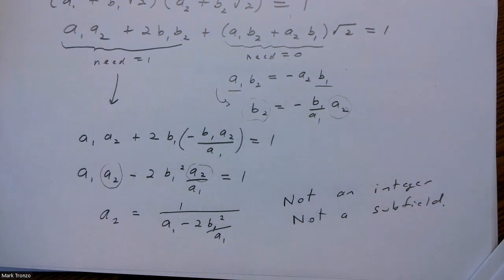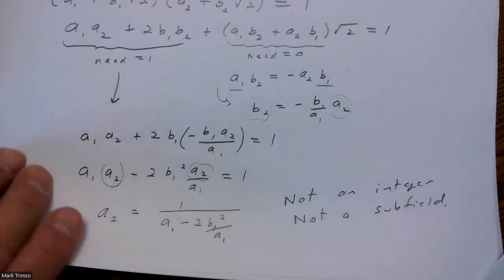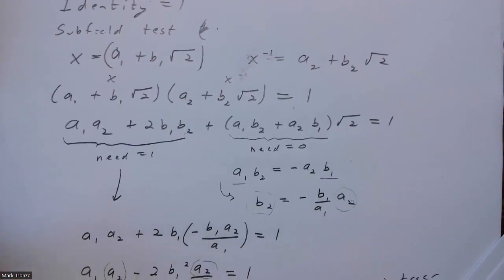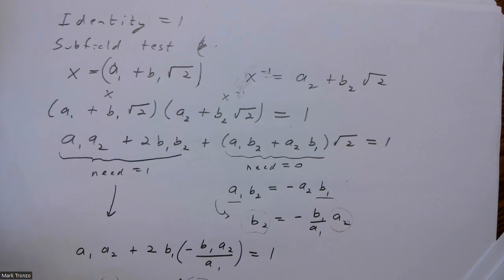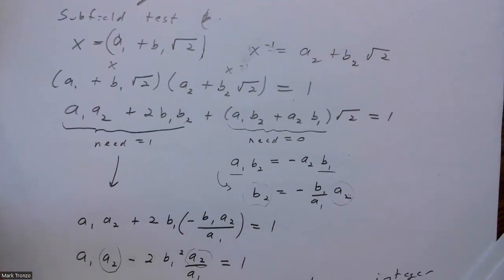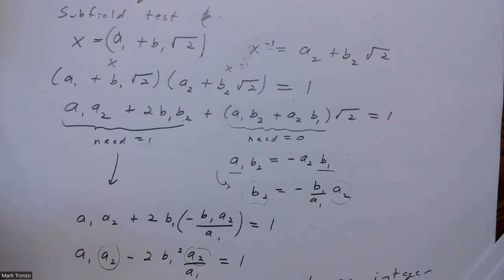It's like the A2 thing was fine, right? That big mess is just subtracting and dividing, so that would still be a rational number. I think it is, yeah. But then up top, calculating B2 based on A2, we basically had to have A2 be a multiple of A1, otherwise B2 wouldn't work out, right?